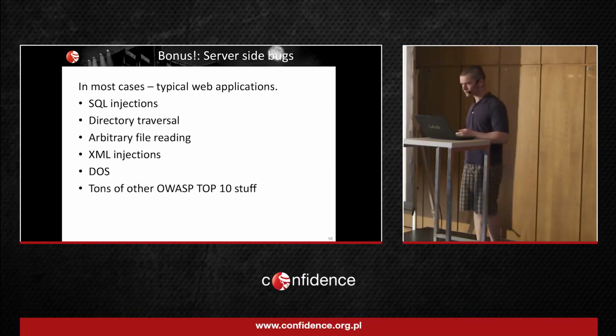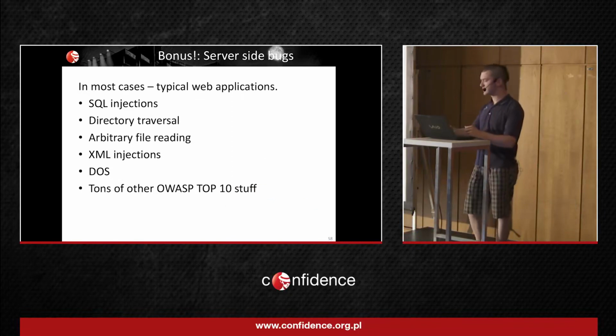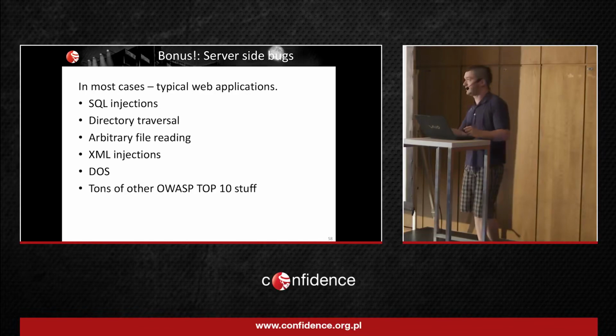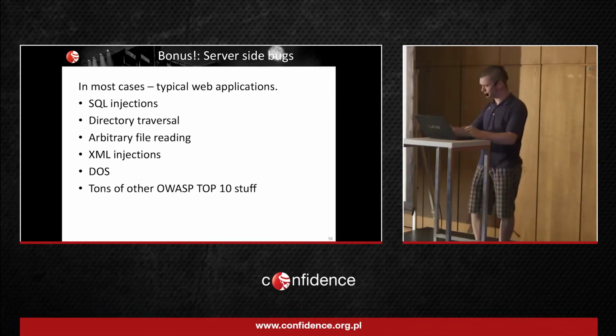While researching, we also tried to find some vulnerabilities on the server side. And we found some, from SQL injections to denial of service and other OWASP top 10 stuff.